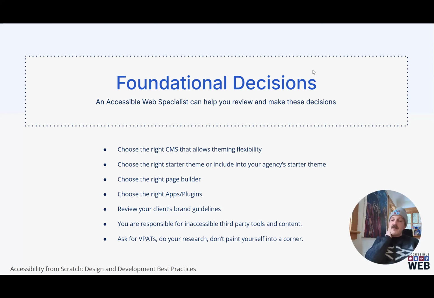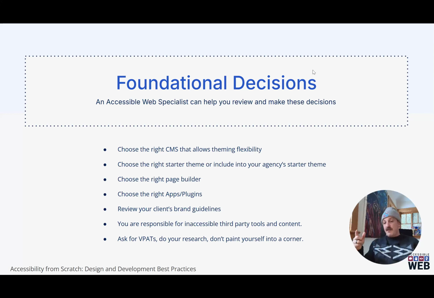And then choose the right starter theme, or include accessibility into your agency starter theme. So if you're doing custom designs, a lot of agencies are, you have your base theme, your team works with it every day on every build. Start rolling in the accessibility into that theme. And that way you're building on your accessibility and starting with a better foundation every time.